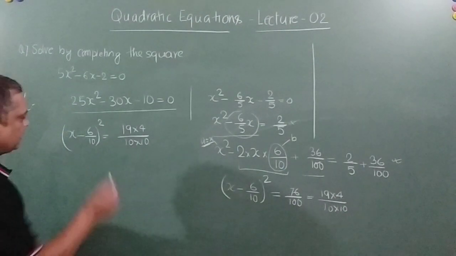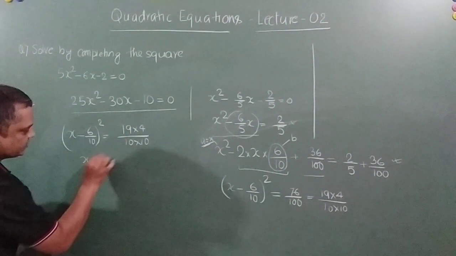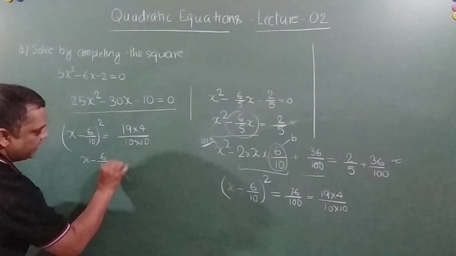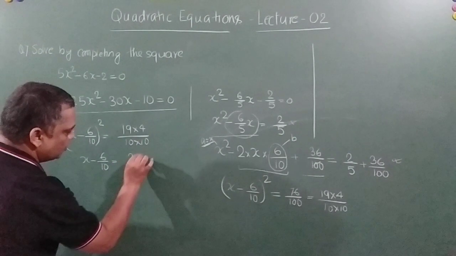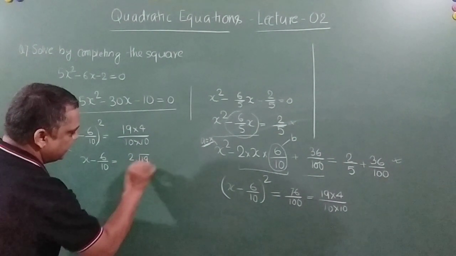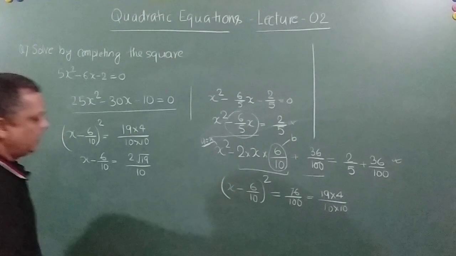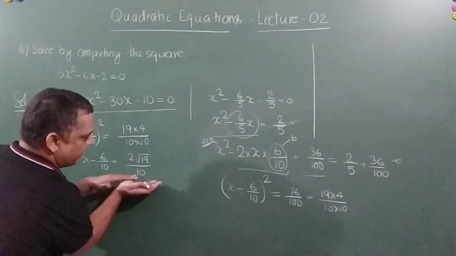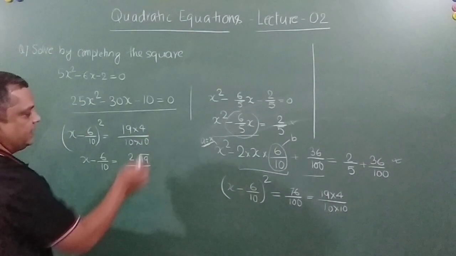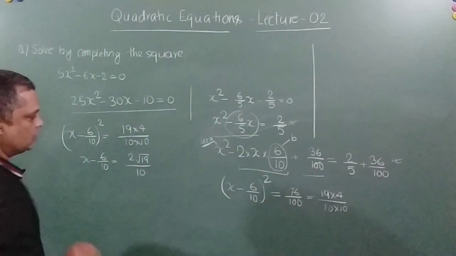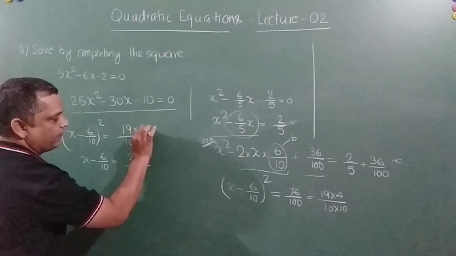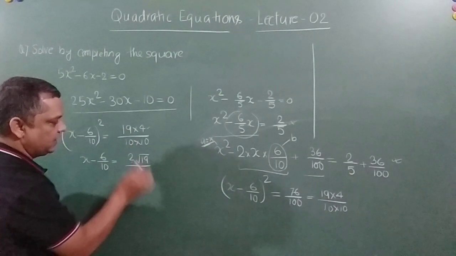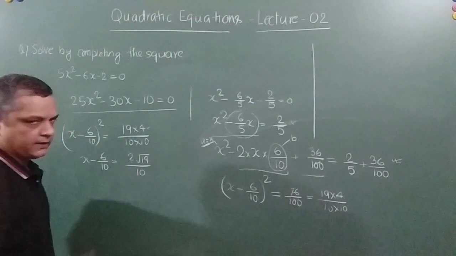You got it? Now this can be written as (x minus 6)/10 is equal to 2 root 19 by 10. All of you have understood this. What I have done here is that I have taken a square root. So once I take the square root, 4 becomes 2 and it comes out, and this 10 into 10 becomes 10, right?